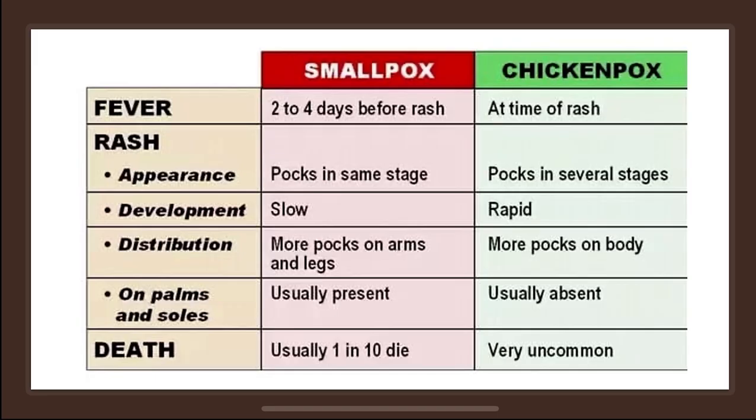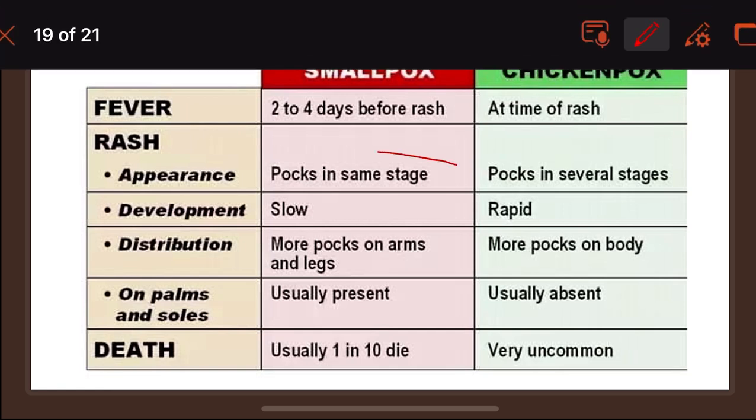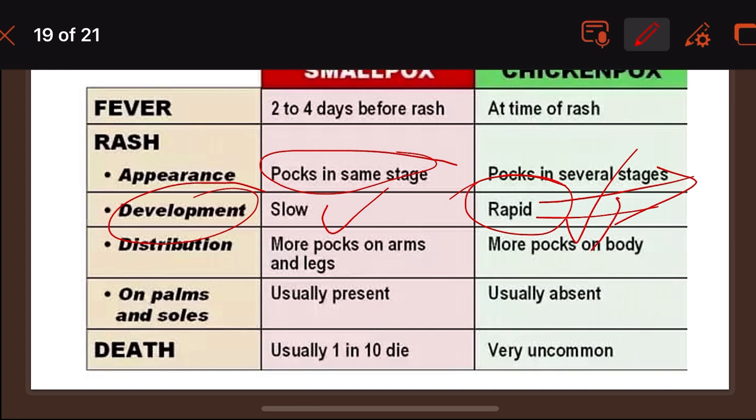Now we'll move further to the differentiation between smallpox and chickenpox. The fever will occur 2 to 4 days before the rash in smallpox, and the rash will occur in several stages. Pleomorphism is seen in chickenpox, and in smallpox the lesions occur in the same stage. Development is slow in chickenpox, whereas smallpox is a highly acute, highly infectious disease, so the progression occurs rapidly.